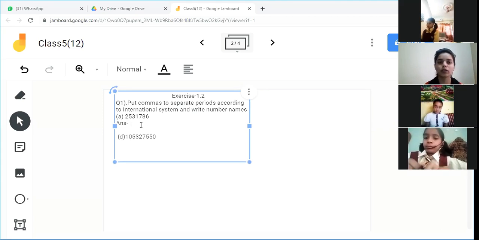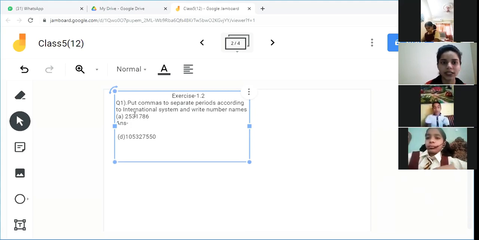So how do we put commas according to the international system, children? Before the third, sixth and ninth digit, because there is a period of 3. The first, unit, tens, hundred, come in the first period, so that's why we are putting a comma before 3 digits.